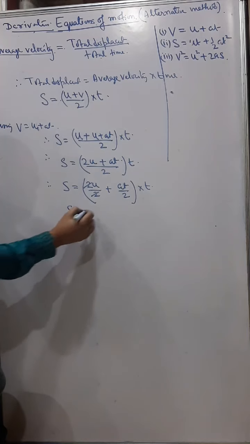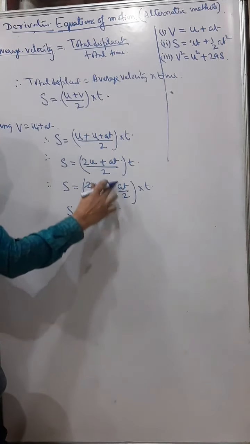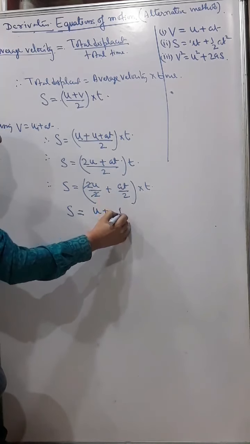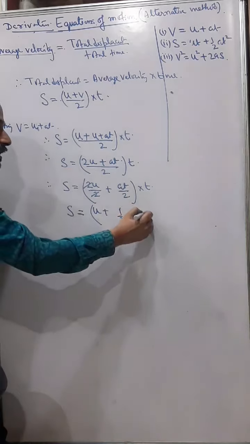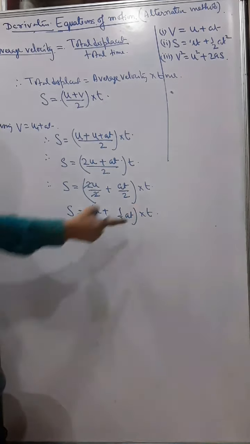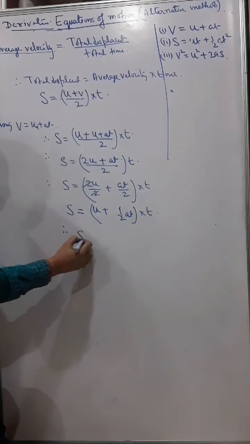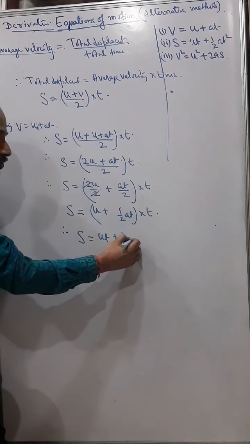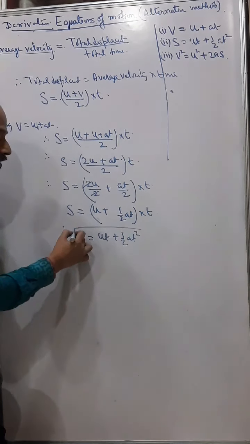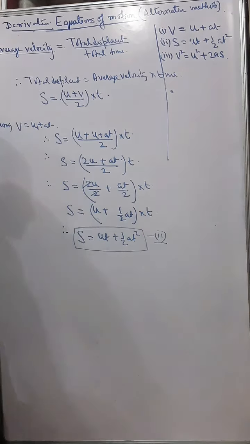S is equal to u plus at by 2, which I can say is half at, and again into t, and now if I multiply, finally what I am getting is s equals ut plus half into at square. So I got the second equation of motion.